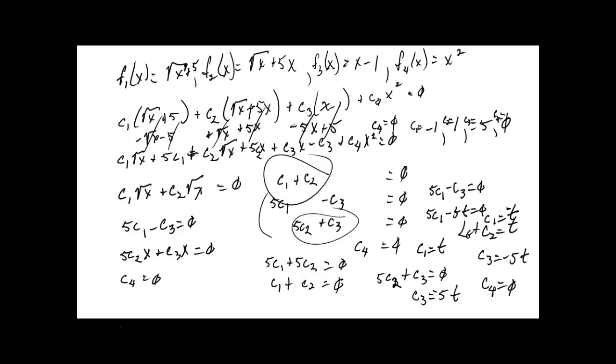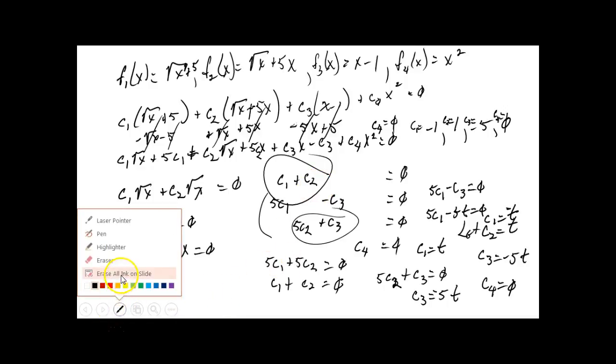Okay. Let's erase all this. Okay. Let's suppose we have these n functions, f1, f2, f3, up to fn, and that each of those functions possesses at least n minus 1 derivatives.